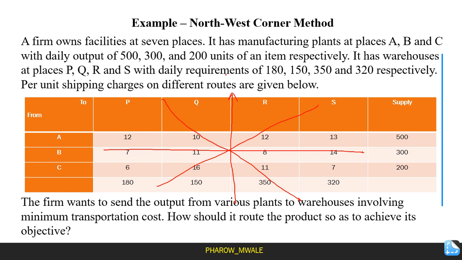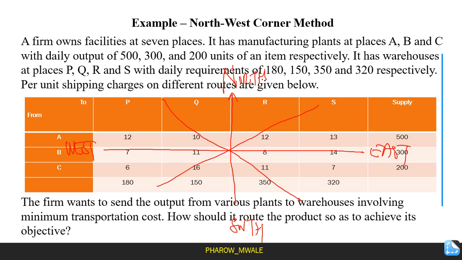So this is our true north. To the left we have the west. Up on your head is your north, your left hand is your west, your right hand is your east, and your feet are your south.